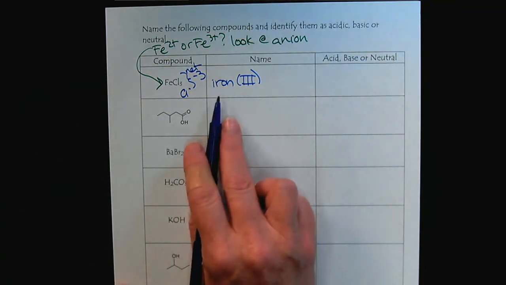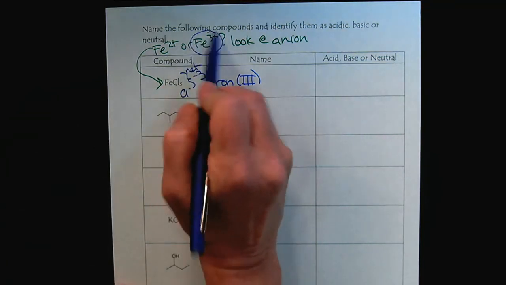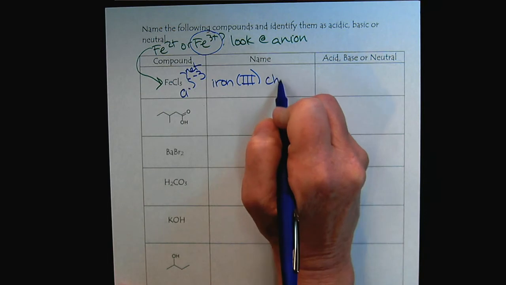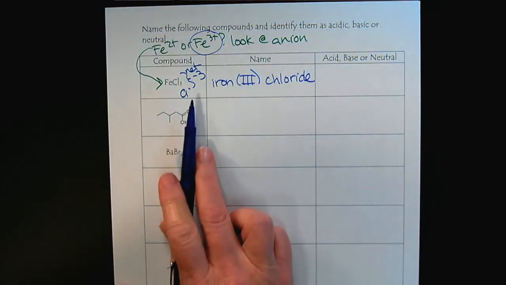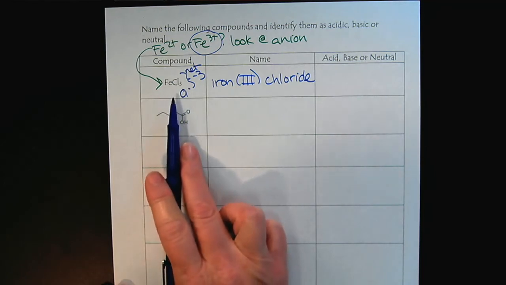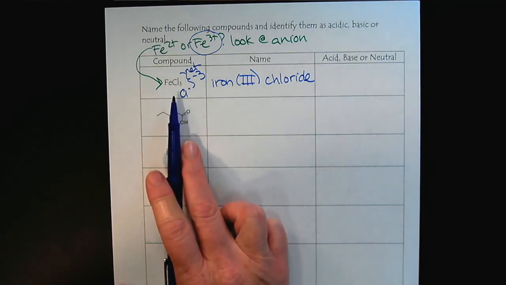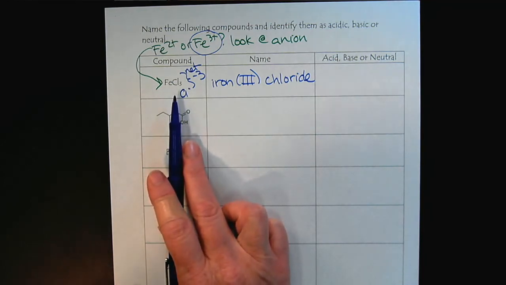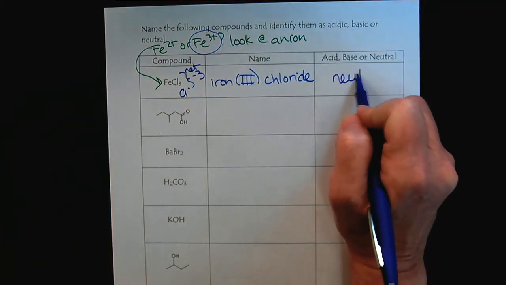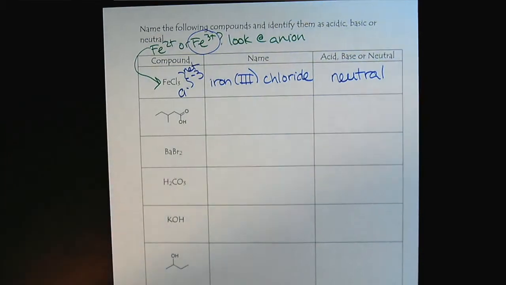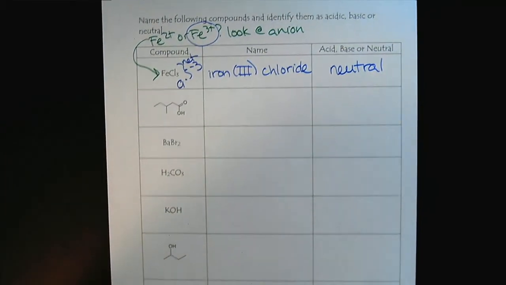So iron 3 tells us it's iron plus 3 chloride. And since this molecule is not a proton donor, and it doesn't accept hydroxide, we would describe it as neutral. Back in the good old days before we knew about acid-base chemistry.